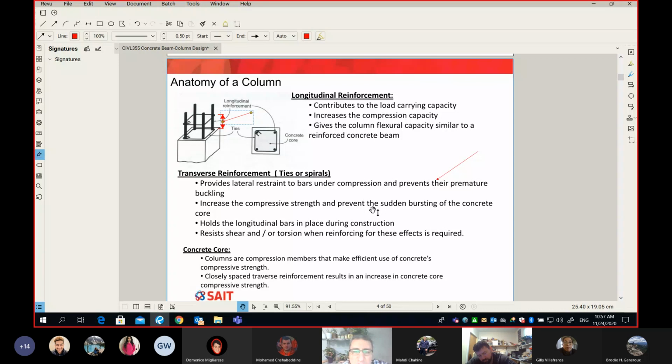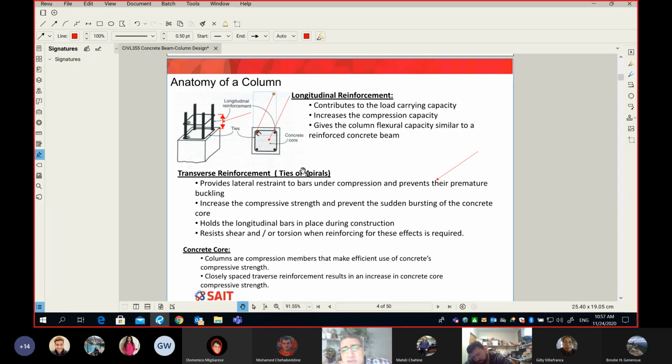Okay, so we have a couple of items to go, which is the vertical bars. Let me show you the importance of those vertical bars. Number one, they are oriented vertically, so they contribute to the load carrying capacity. You will see shortly after the break that some of the load will be supported by the concrete core, and some of the load will be supported by those vertical bars.